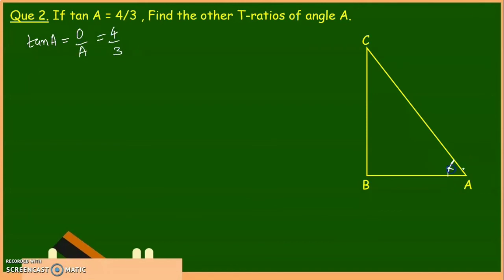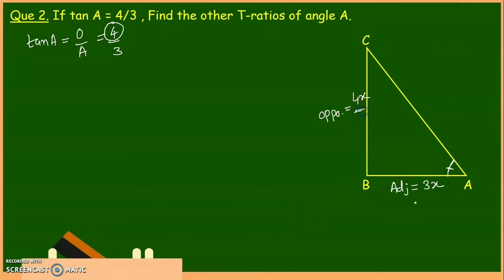For this angle A, BC is the opposite side and AB is the adjacent side. So we can write the opposite side as 4x and the adjacent side as 3x.